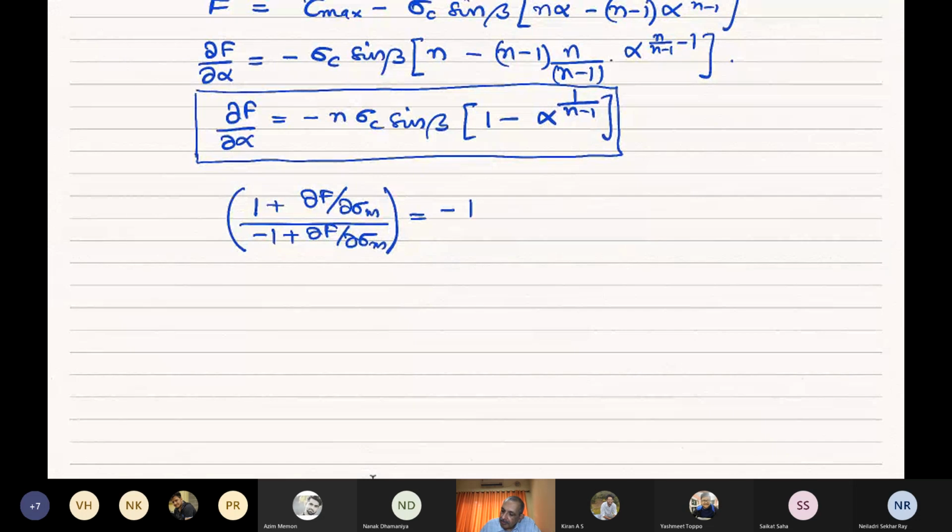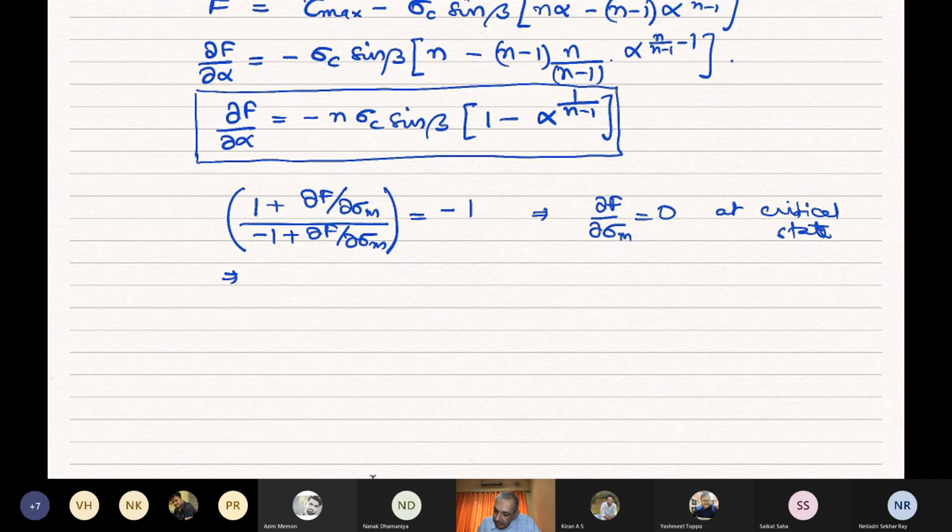So if we simplify this out, what we will get is that del f by del sigma m is equal to 0 at critical state. I have not done the algebra, but if you cross multiply and then collect terms, you will see that 2 times del f by del sigma m is just equal to 0. So this is equal to 0.